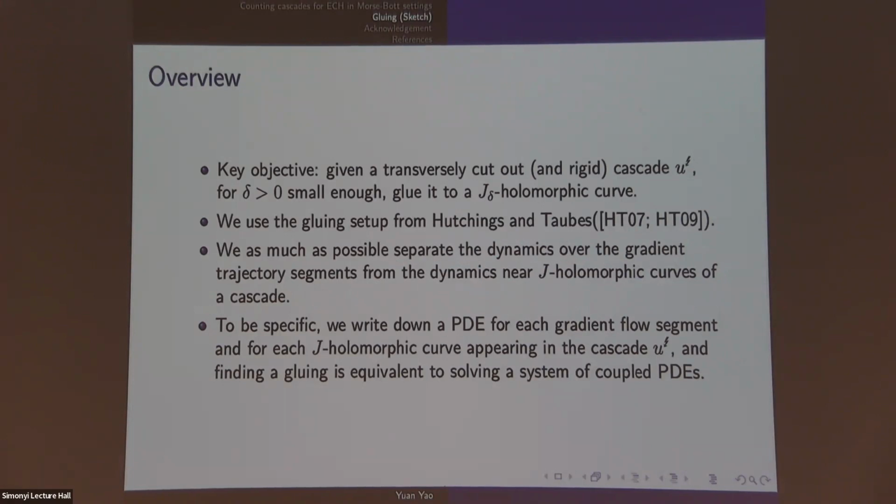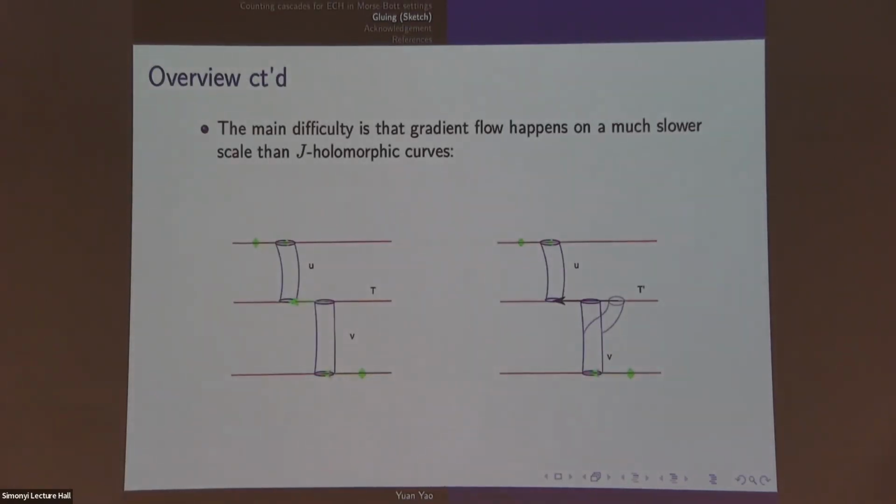The specific strategy is we write down the PDE for each gradient flow segment, and we write down the PDE for each J-holomorphic curve appearing in the cascade. Finding a gluing is equivalent to solving a system of nonlinear differential equations. Let me describe the difficulty of this construction. Imagine you see a 2-level cascade and you try to glue it.